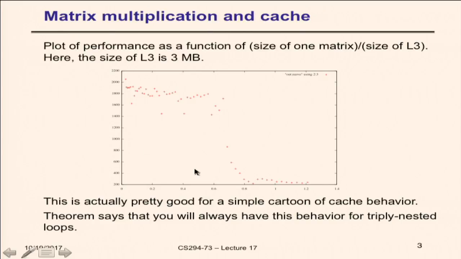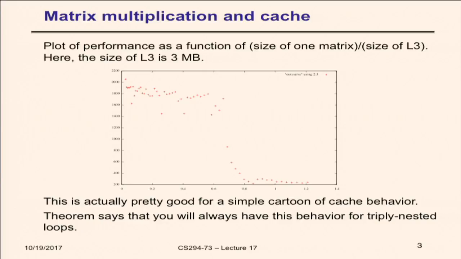And this axis down here, okay, that is readable, is the size of the matrix. But the way I've labeled it, instead of having a number n for the size, the axis is actually labeling the size of one matrix of size n divided by the size of my L3 cache.